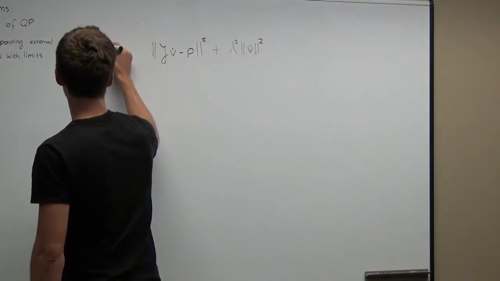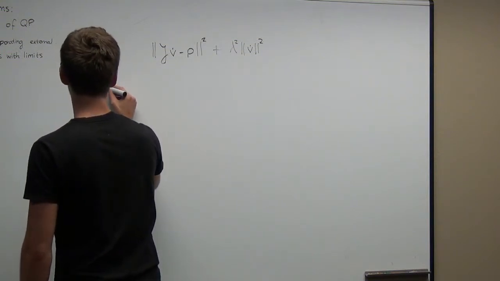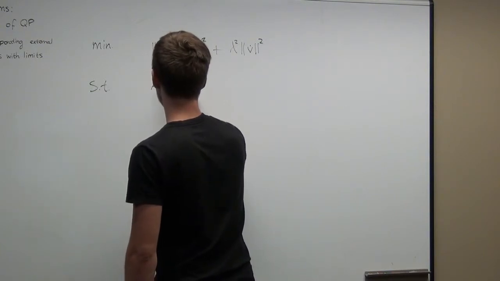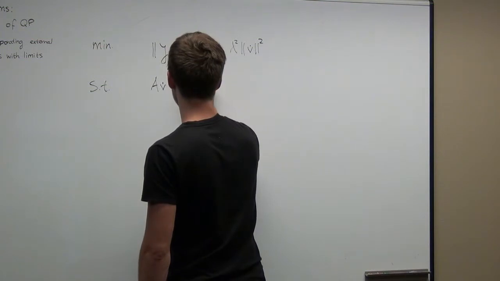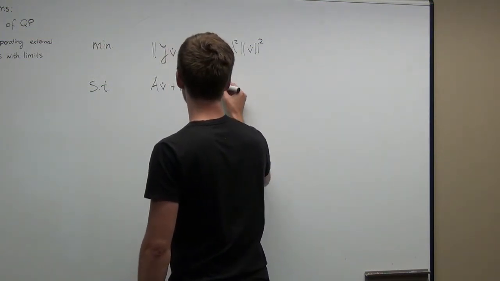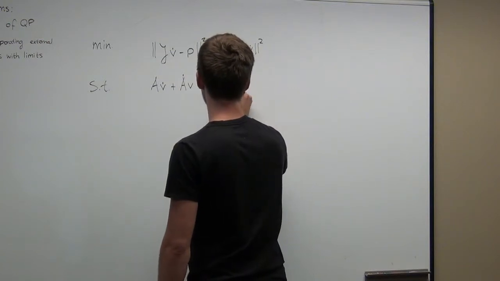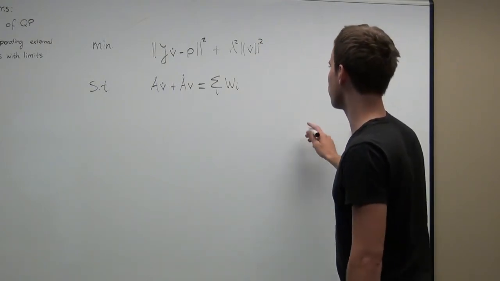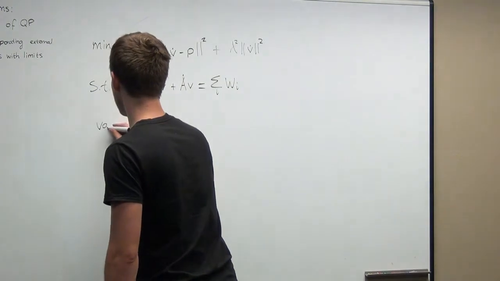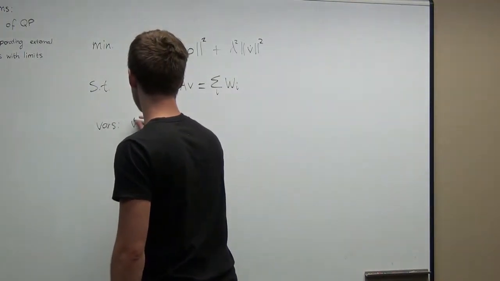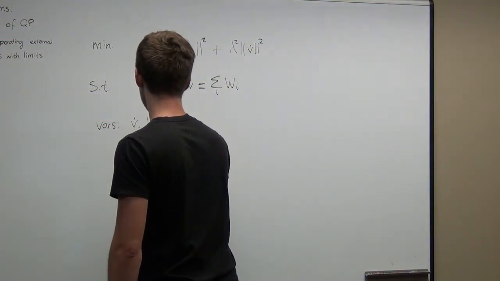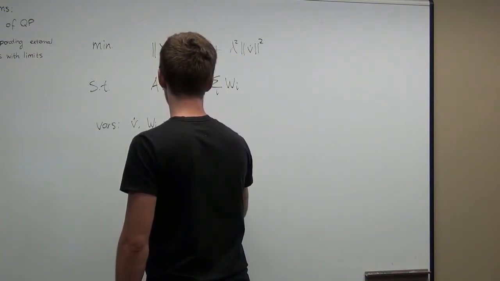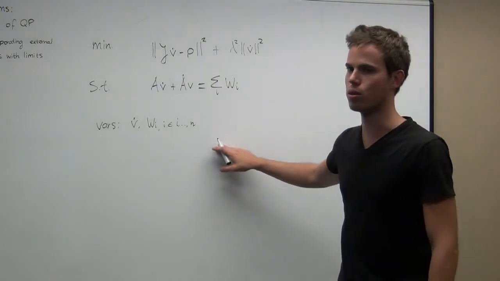So minimize this, subject to A v dot plus A dot v equals sum of w_i. And here in this optimization problem, the variables to optimize would be v dot and all of the w_i, i in 1 through n, if you allow wrenches to be exerted on all of the bodies.